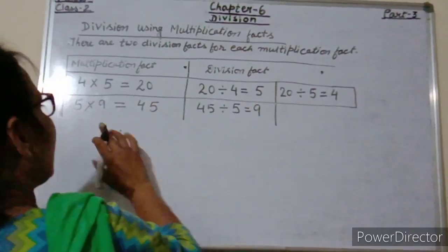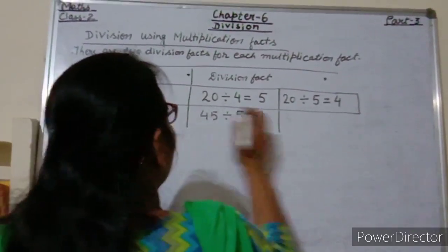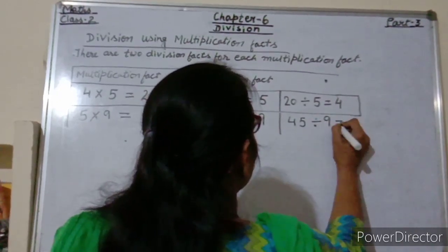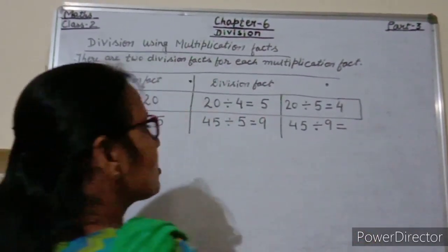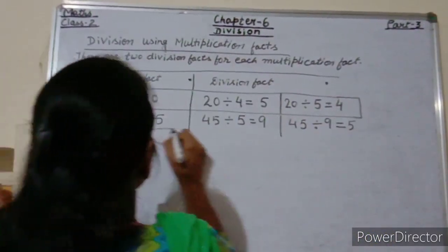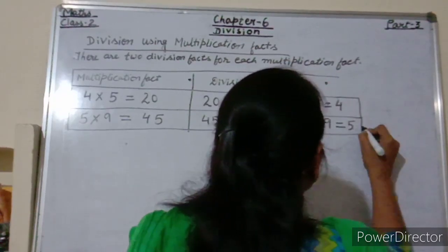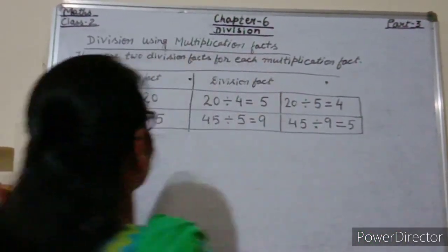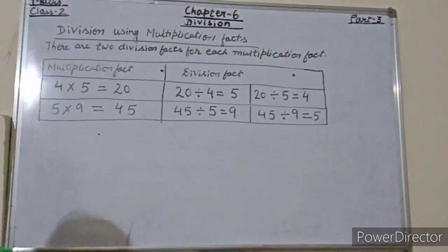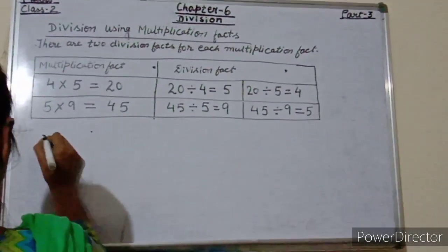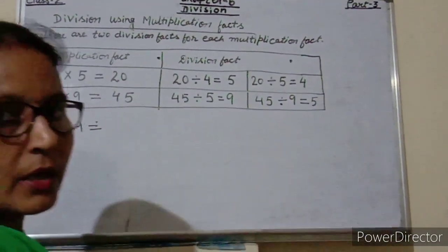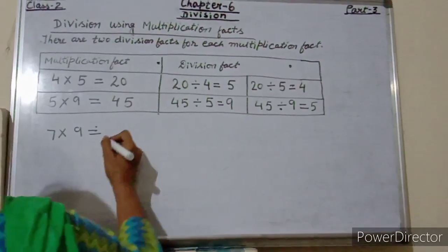Again what will we do? Yes, again we will divide 45 by 9. So 45 divided by 9 is equal to 5. Students, one more example I am giving you. See, 7 into 9 is equal to, yes, 7 nines are 63.